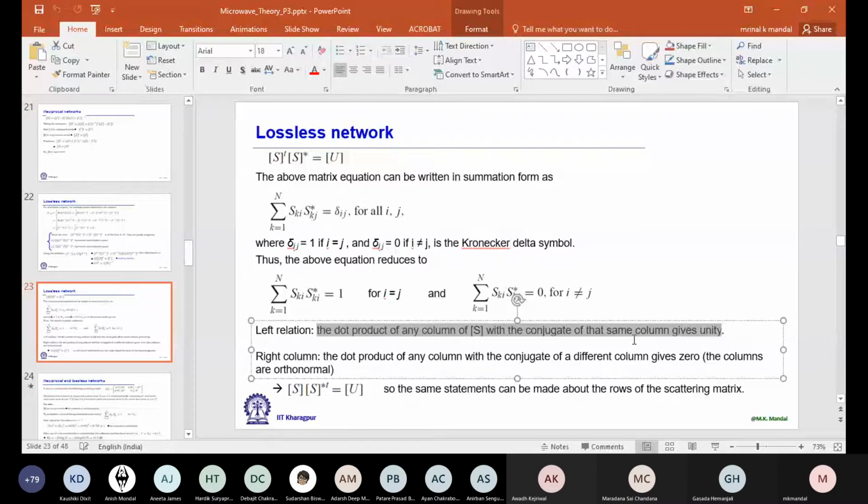So for a 4-port network, if I consider the first column, it should be valid for all the columns. So for the first column, |S11|² plus |S21|² plus |S31|² plus |S41|² together should be equal to 1.